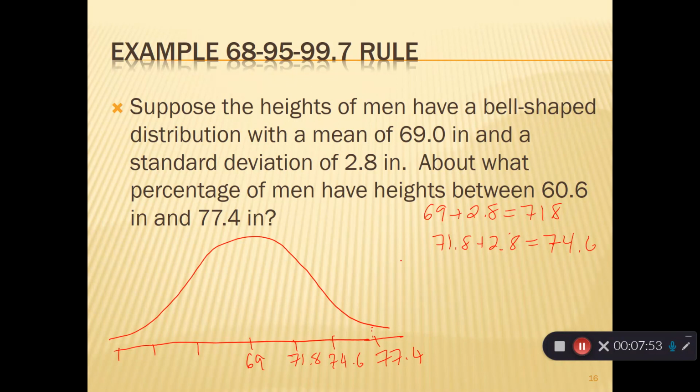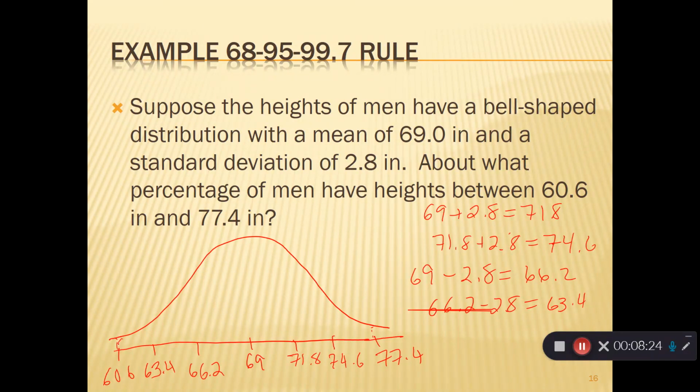Now, to get my values over here, I'm going to subtract that standard deviation. So I'm doing 69 minus 2.8. That's 66.2. And then 66.2 minus 2.8 is 63.4. And then if I subtract 2.8 one more time, I get to 60.6.